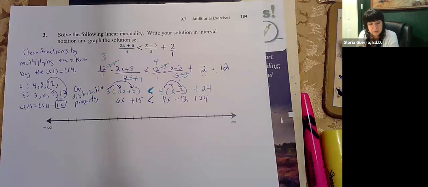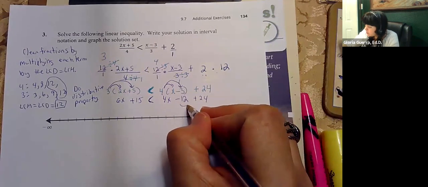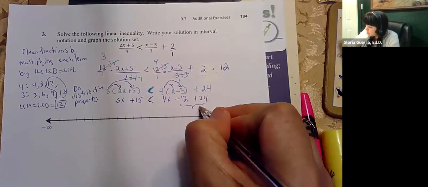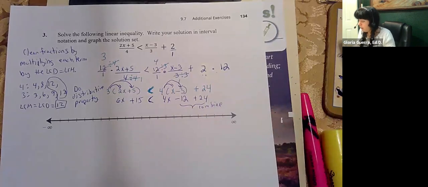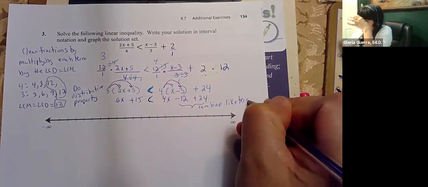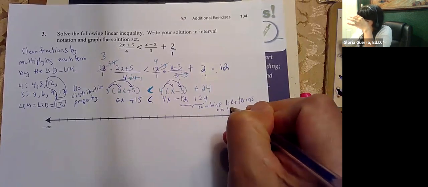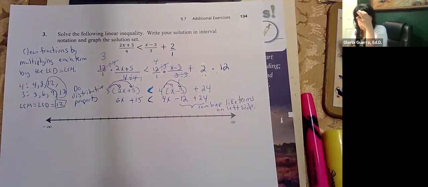Let me check that, make sure no mistakes. Okay, looks good. Now I can combine negative 12 plus 24. So, combine like terms on the left side, and combine like terms on the right side.